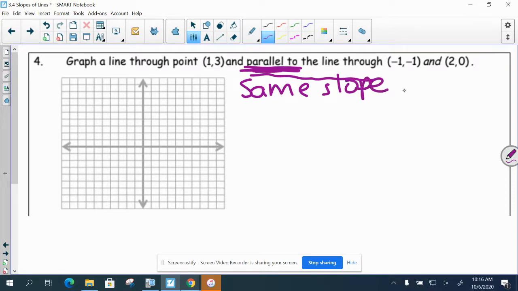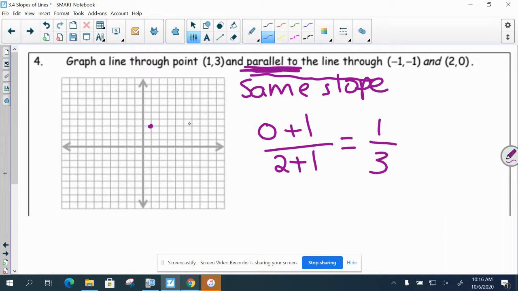Therefore, we are going to find the slope between these two points, and we can use that to graph the line, knowing that one of the points is (1, 3). Also, make sure you get out your graphing notebook for this lesson and the next lesson. So let's find the slope between these. 0 plus 1 over 2 plus 1, because minus a negative is plus, is 1/3. So the slope of our line is going to be 1/3.